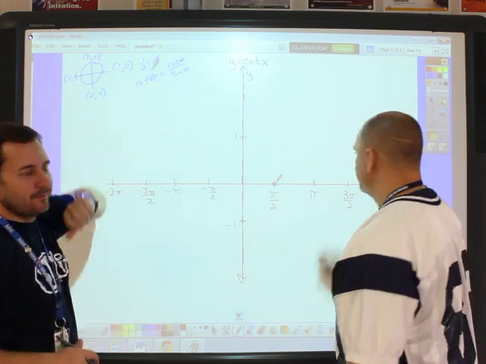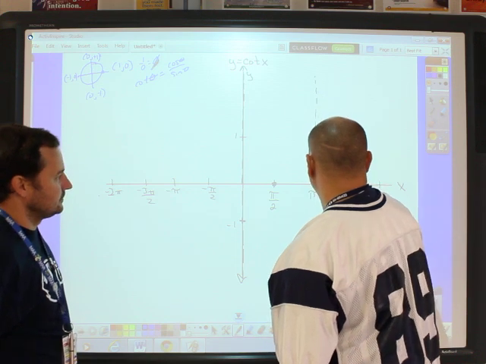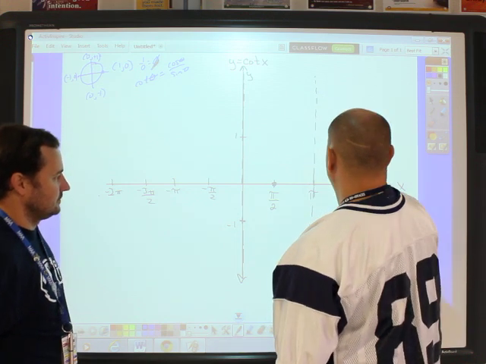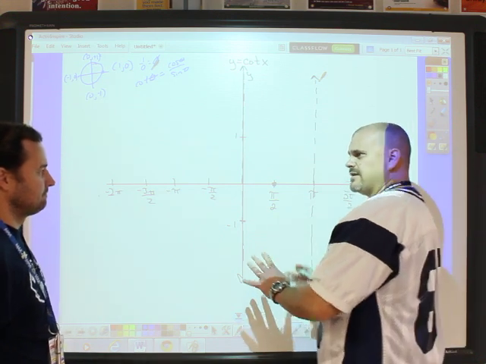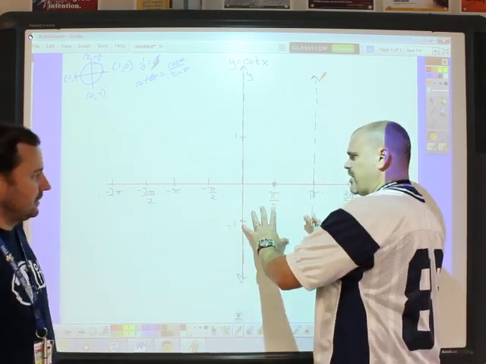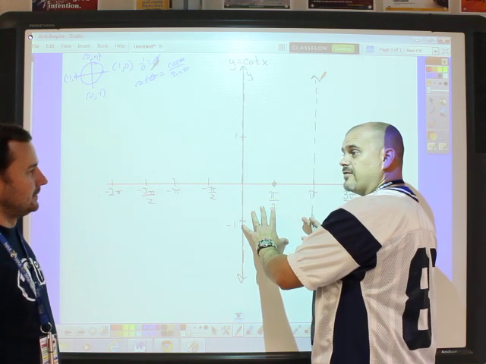Again, it'll be undefined. So we're going to put a vertical asymptote here. It's not beautiful, but you get the picture. So it's almost like tangent's kind of been shifted by pi over 2. I wonder if the graph of cotan looks like the graph of tan.